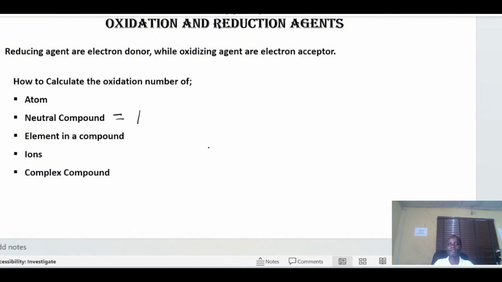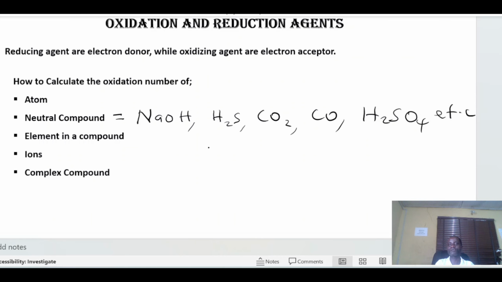Neutral compounds are compounds without charge: sodium hydroxide, H2S, carbon dioxide, carbon monoxide, H2SO4, etc. All these are called neutral compounds. Therefore, their oxidation number also equal to zero because they are stable. Any neutral compound, their oxidation number equal to zero. But from there, let's now look at how you calculate the oxidation number of each element in a given compound. These are our next discussions.